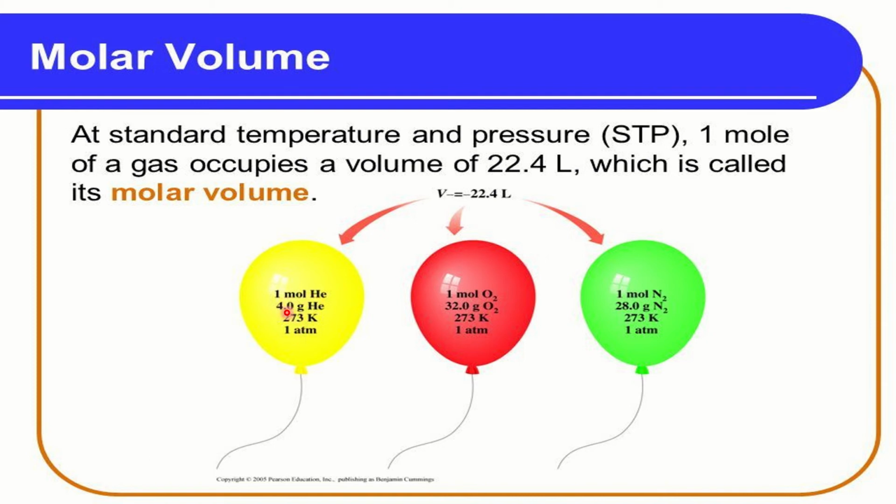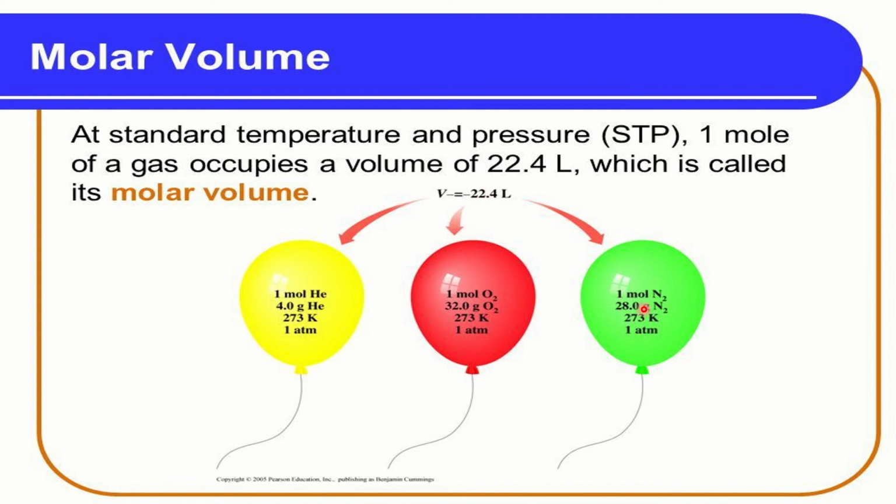1 mole helium is 4 gram helium, and at 0 degree Celsius temperature and 1 atmospheric pressure, its volume is 22.4 liter. Dear students, look here, it is written 273 Kelvin. This conversion you will learn, but not now. 0 degree Celsius temperature means 273 Kelvin. 1 mole oxygen is 32 gram oxygen because the molecular mass of oxygen is 32, and its volume is also 22.4 liter.